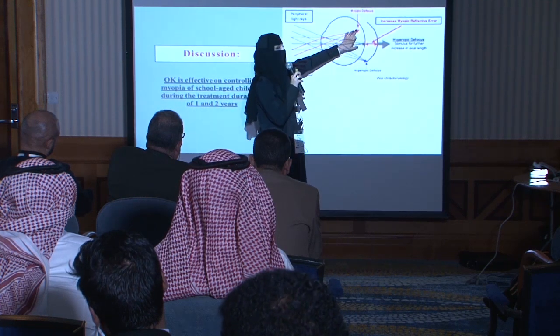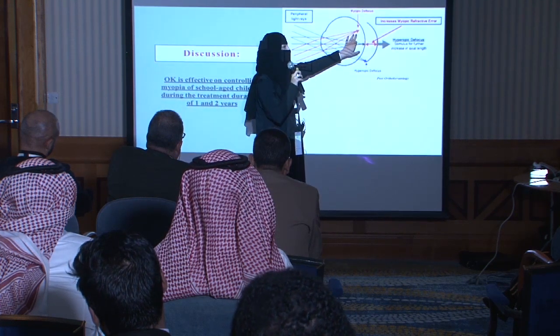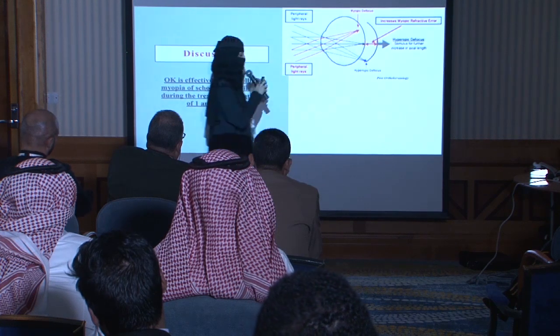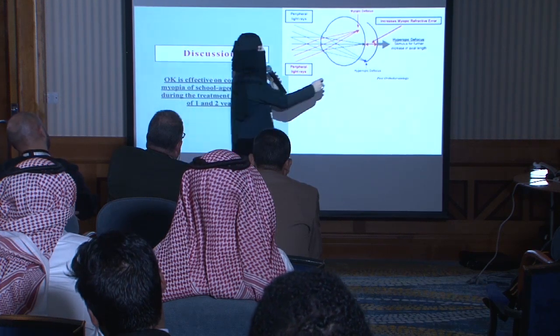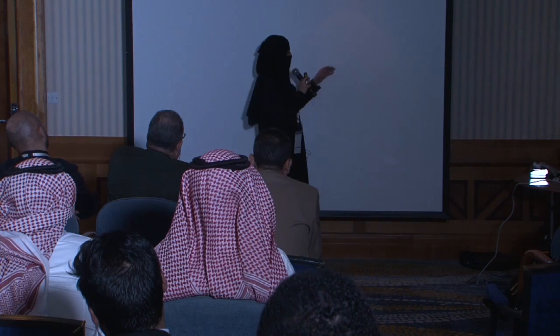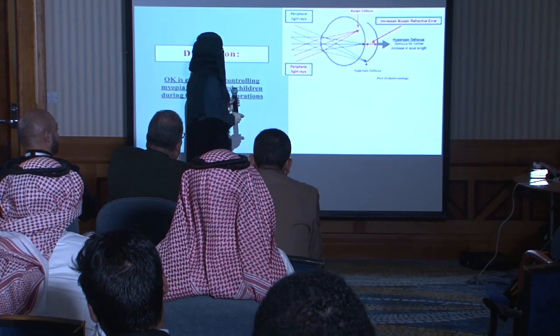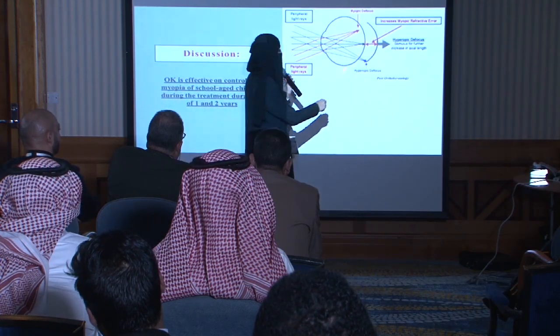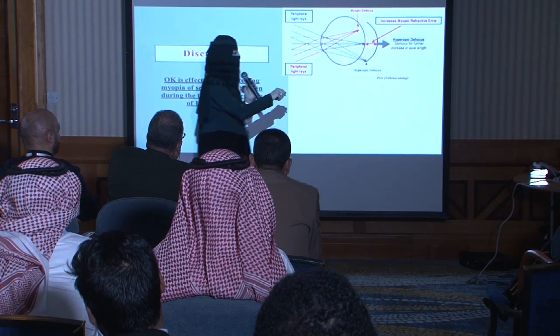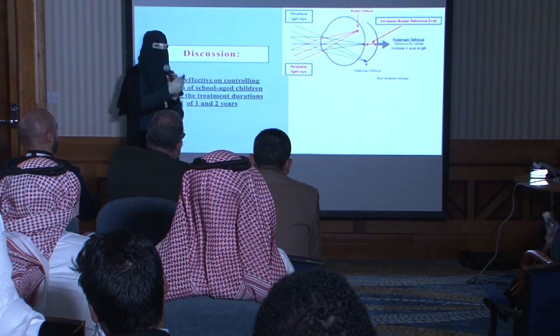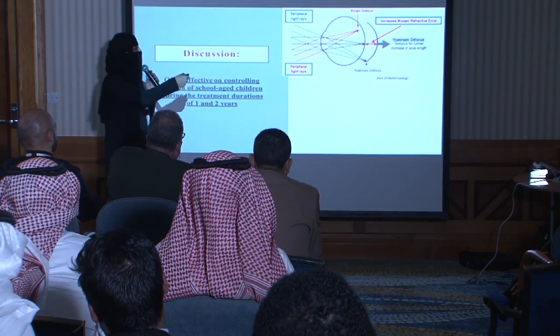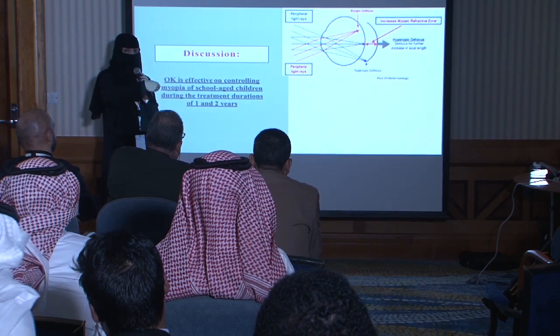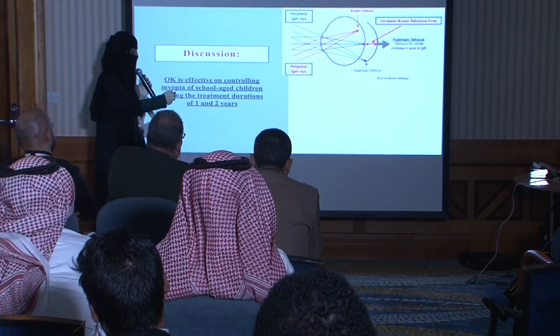While when the ray is in front of the retina, we call this myopic defocus. And we know hyperopic defocus stimulates axial length growth, while myopic defocus inhibits axial length growth.